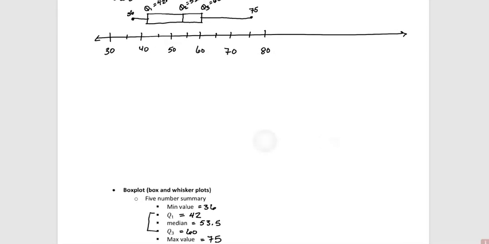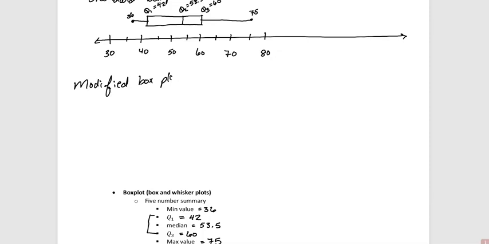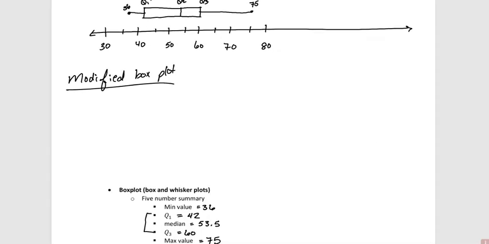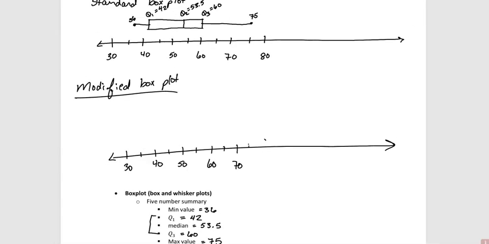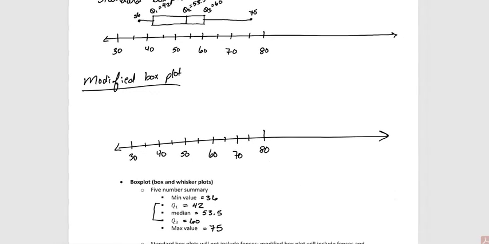Now, we can also use this information to figure out outliers, and outliers are going to come from the modified box plot. So let's talk about that. So I'm going to draw my scale again. And my box is going to look the same.